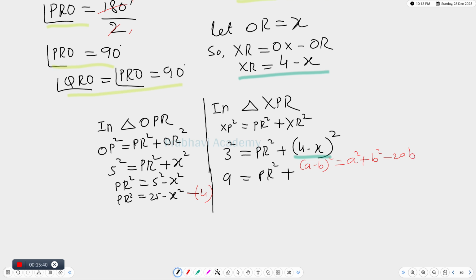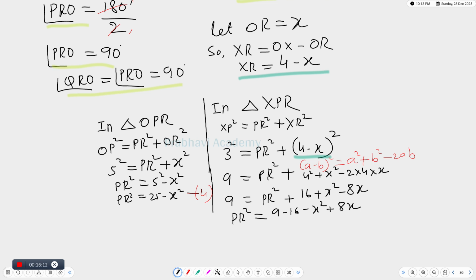So it is 4 square plus X square minus 2 into 4 into X. So here 9 is equal to PR square plus 16 plus X square minus 8X. And now PR square is equal to 9 minus 16 minus X square plus 8X. So PR square is equal to minus 7 minus X square plus 8X.